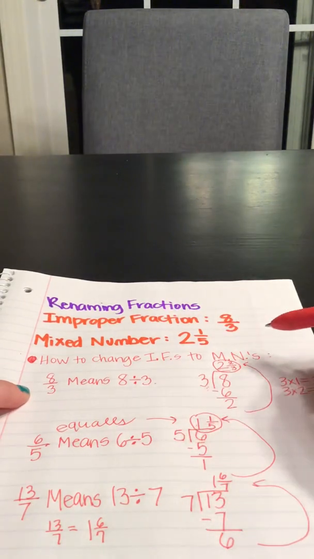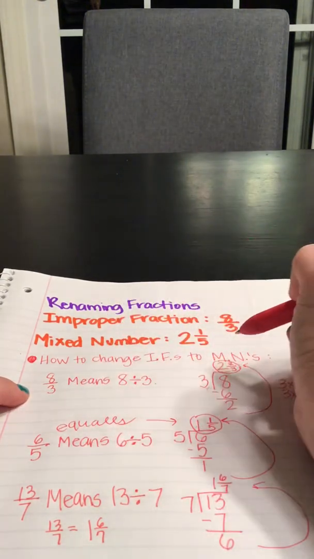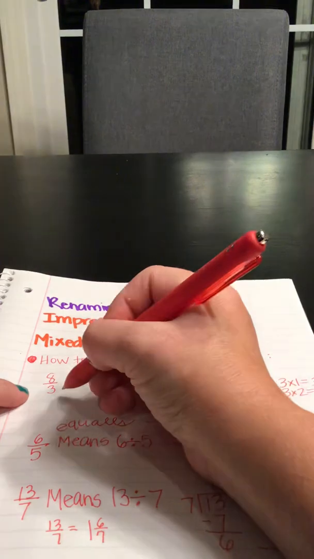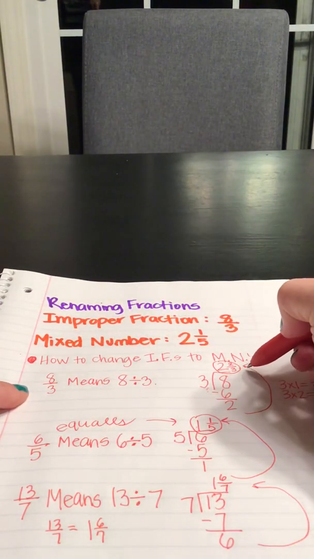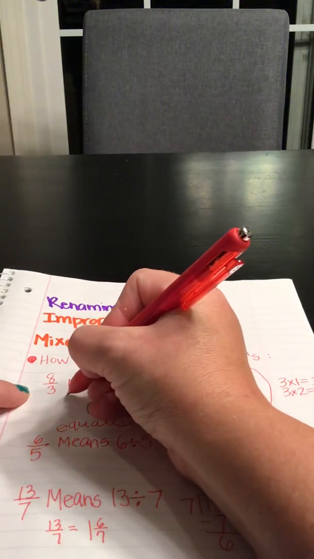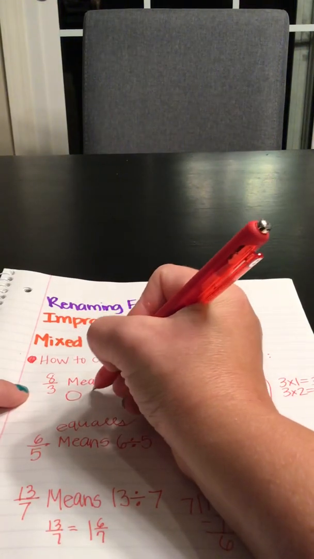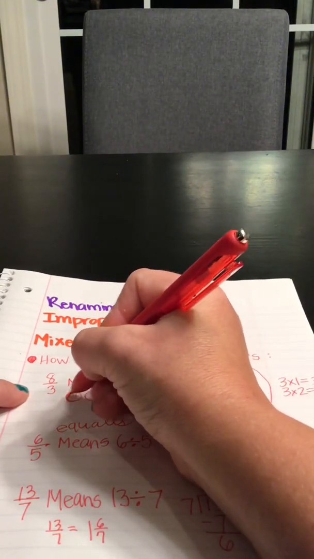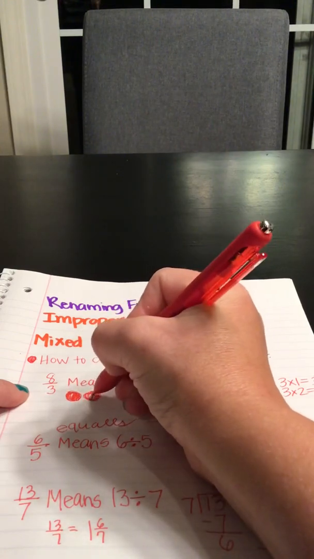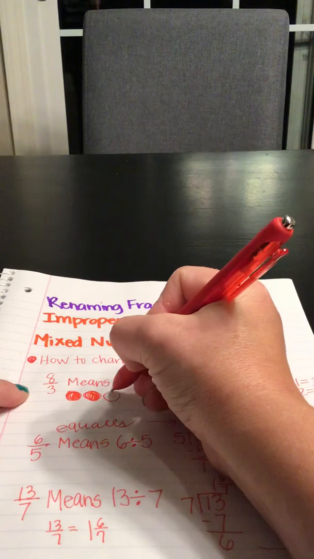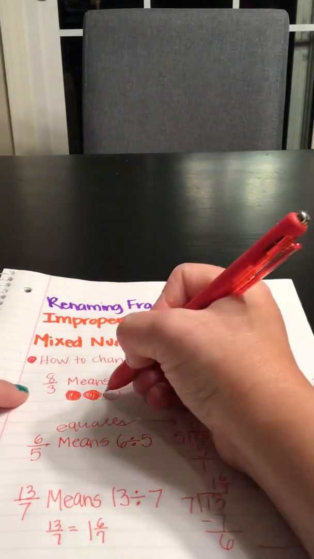Hopefully you have some space here to draw a little picture. All right, so 8/3 is the same thing as 2 2/3. So I'm going to draw a picture of 2 circles all the way filled in, and then only 2 out of 3 filled in here.